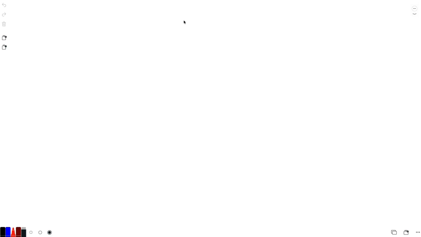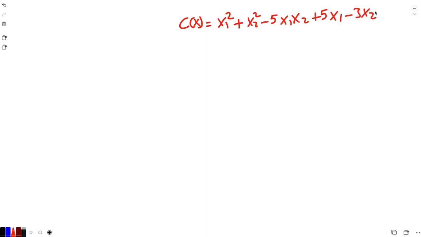So now assume that we have the cost function c of x equal to x1 square plus x2 square minus 5 x1 x2 plus 5 x1 minus 3 x2 plus 5, for example.